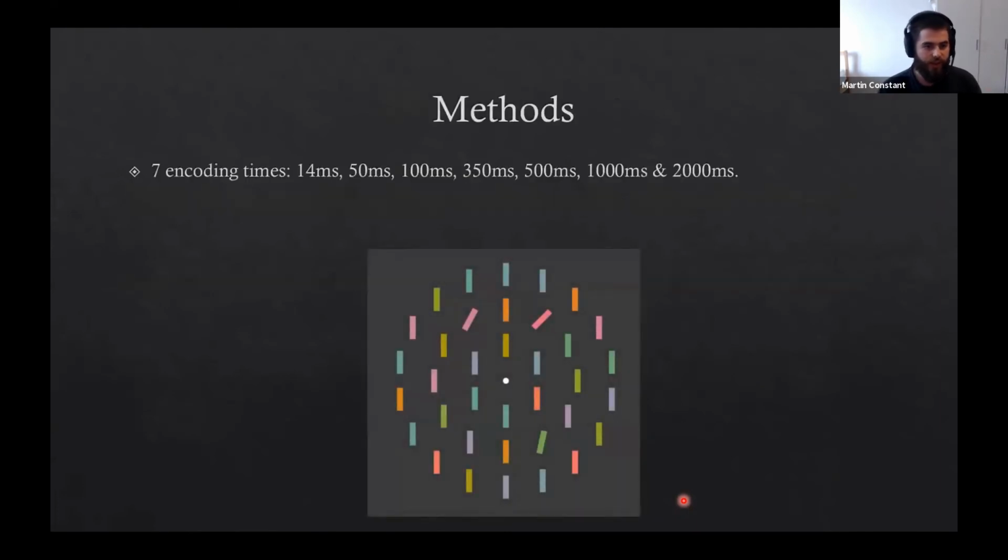So we use, again, the same displays as before. However, here we have encoding times that range from 14 milliseconds to 2 seconds, 350 milliseconds being the encoding time that we used in previous experiments. So 14 milliseconds was basically 2 frames on a monitor. That's really short. 2 seconds is way longer than usual studies.